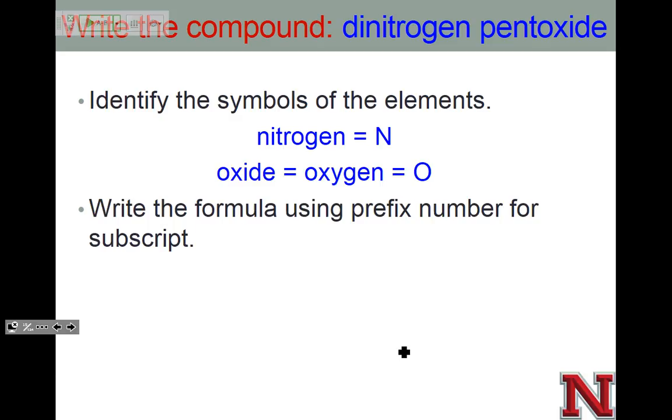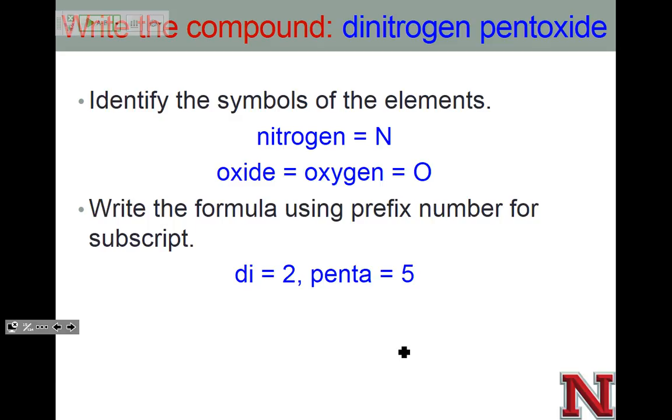Once you've been in chemistry for a little while, you get bonding patterns that you know and understand where they come from. So you know that it's really unlikely that carbon would bond to 5 oxygens. Not unlikely, it's not going to happen because of the way that carbon bonds. But right now you are just using the name. So we know we have 2 nitrogens because we have di, and we know we have 5 oxygens because we have pent.